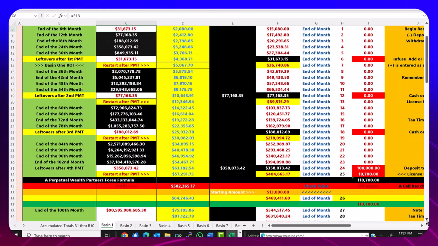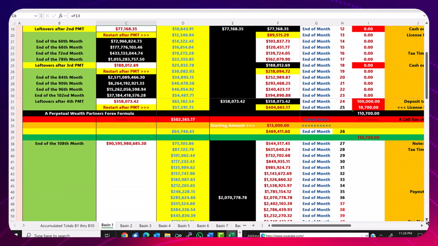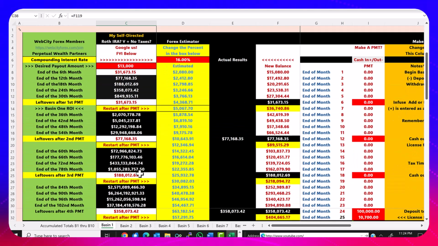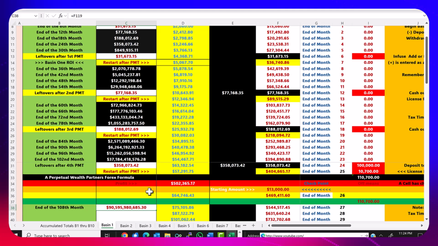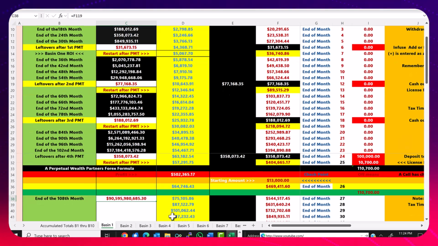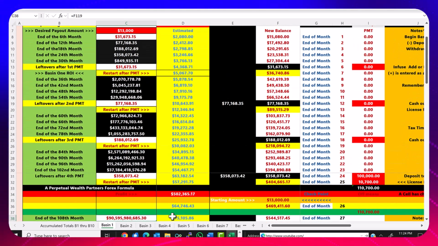But let's see how long it takes to buy a $20 million house. With this number right here, on the end of the 80th month, the 9th year, you've got $90 billion. But let's say we wanted to take some money out, cash out.